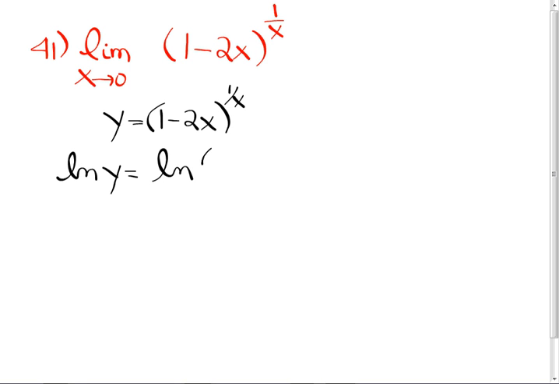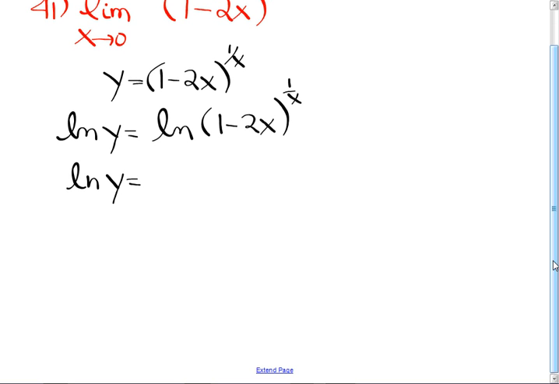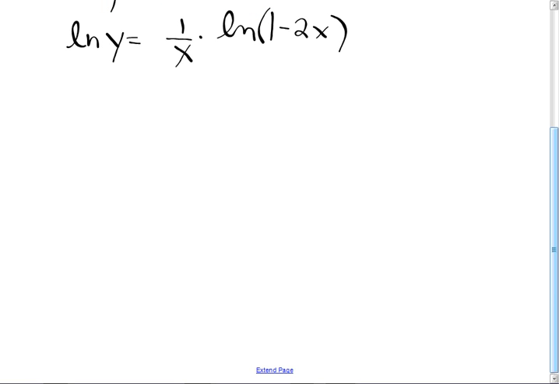This is how we did this. This is the trick, and you won't be able to get it right on the test if you don't know how to do it. So copying homework isn't going to do you any good. So this is 1 over x times the log of 1 minus 2x. Right? This is how we do these. We do logarithms. And it's how you do the derivative of x to the x as well. It's the same kind of thinking.